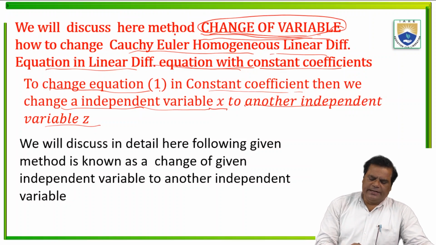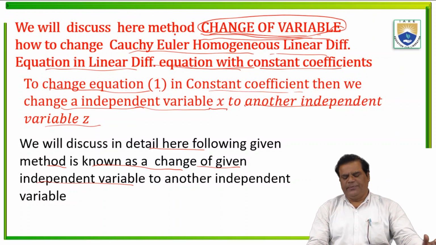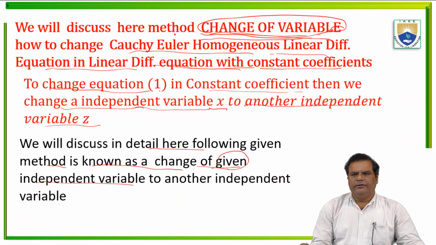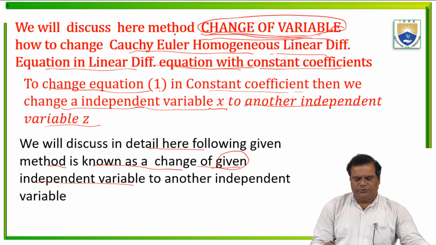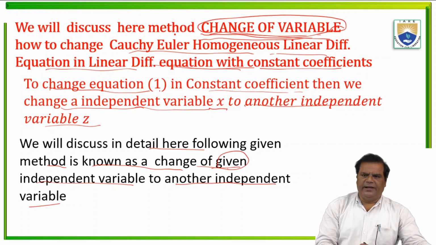We will discuss this in detail. The following method is known as change of independent variable. The independent variable given in our differential equation, we want to change to another independent variable.